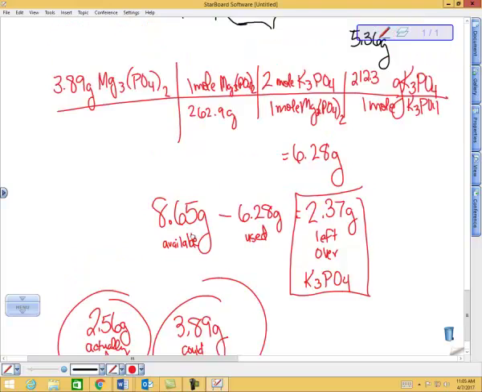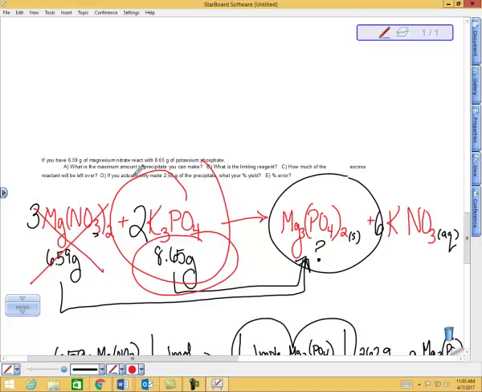I want you to figure out something called percent yield and percent error. Two slightly different formulas. Percent yield is what you actually got, actual, over theoretically how much you could have gotten. Actual over theoretical, times 100.